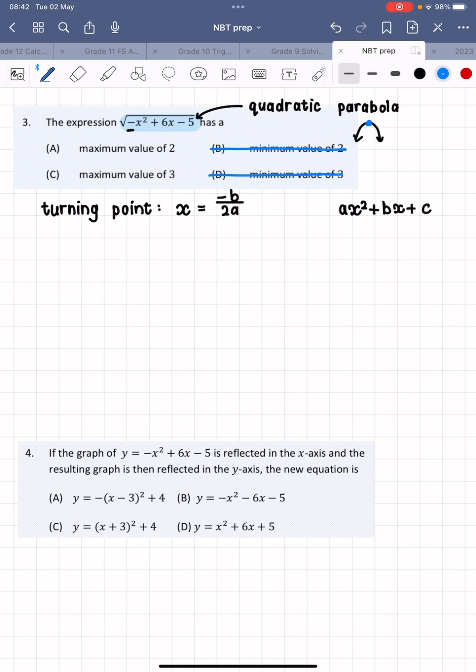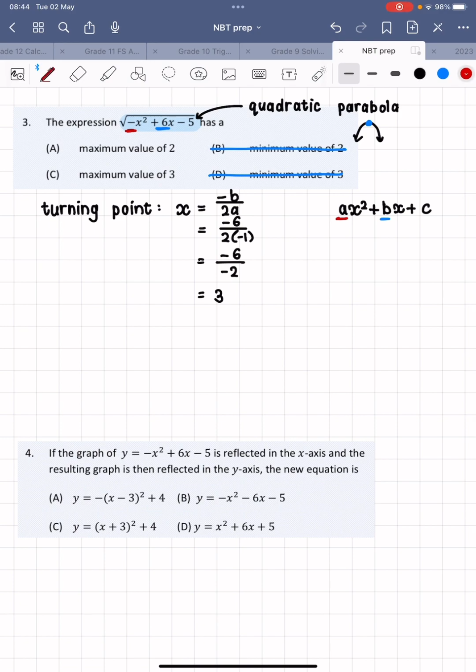So b is the coefficient of x, which in our case is 6. So I'm going to have -6 over 2a, and a is the coefficient of x squared, which in this case is -1. So 2 times -1. If I calculate that, I'm going to get -6 divided by -2, which is 3. So the x value of our turning point is equal to 3.